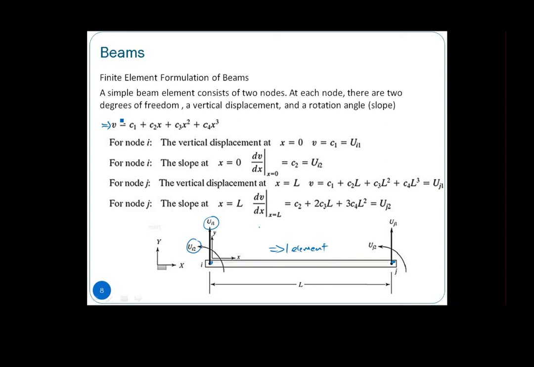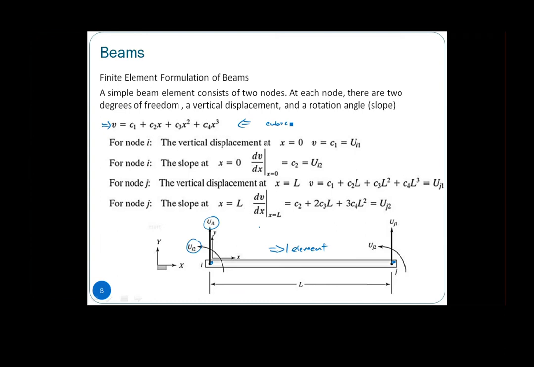So we have 4 coefficients. Here we are assuming that our displacement function is a cubic function. So we have four unknowns, four coefficients C1, C2, C3, C4.